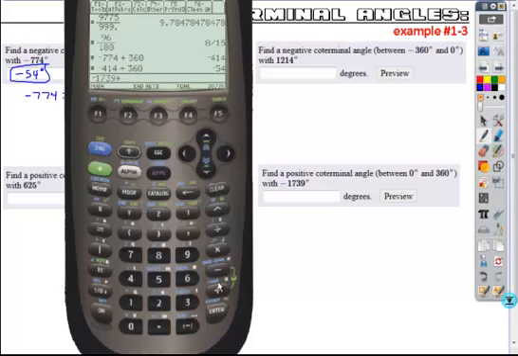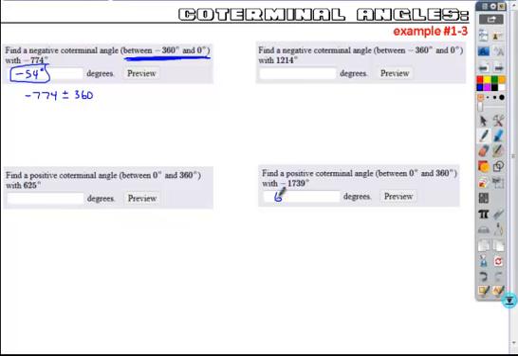If you see that you're way off, you could jump to the end of this and add 4 of those. I'm still not within where I need to be. So if I add one more 360, I now get my answer, 61. That falls between 0 and 360, and so I can enter my answer there.